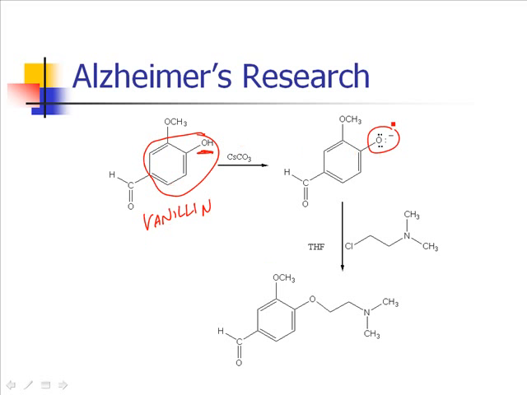Now, the molecule vanillin has a lot of other functional groups on its structure. It has an aldehyde group, and it has an ether group adjacent to the OH group. Vanillin is the active flavorant in both artificial and natural vanilla.